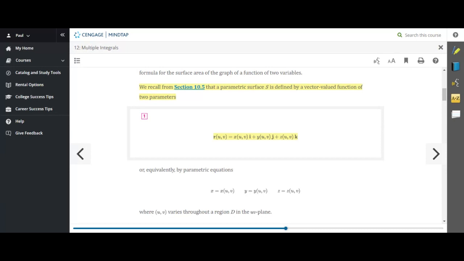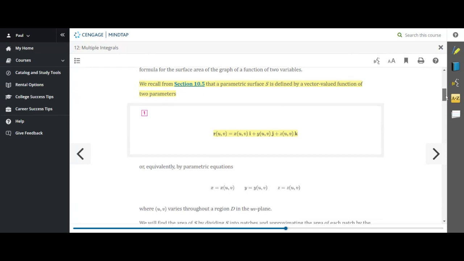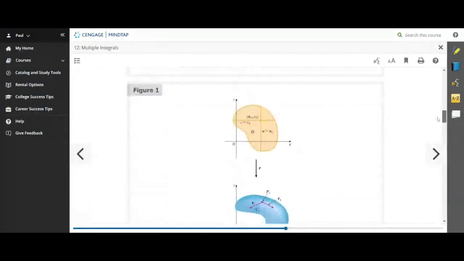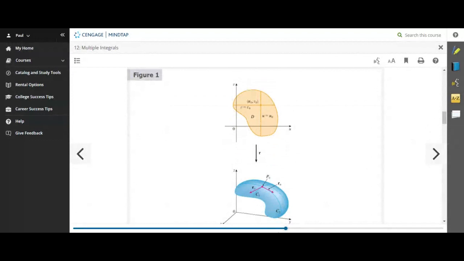So what they have here in figure 1 is the surface below, but then at the top part of figure 1, you have a domain that contains all the parameter values of u and v. If you hold one of the parameters fixed and let the other parameter vary, you're going to trace out two space curves, and those are the space curves that you see on the surface.